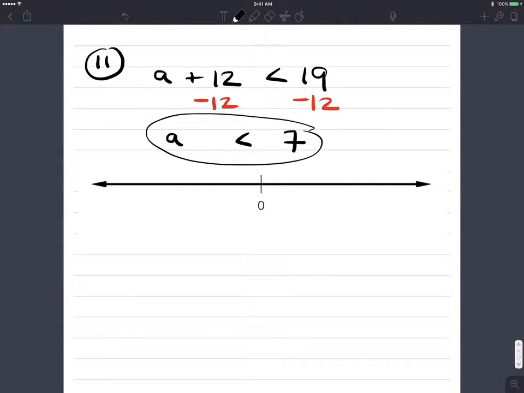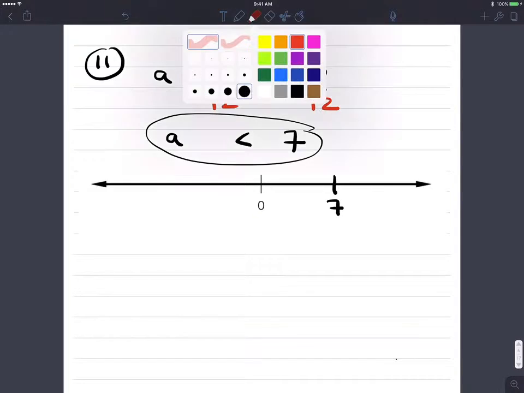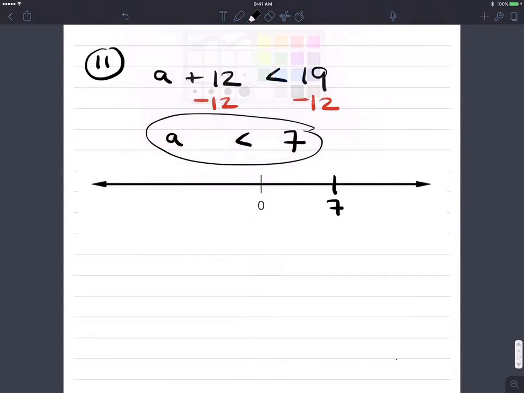But the graphing portion requires us to describe the numbers that are less than 7. Now 7 is positive, so it's to the right of 0 where all the positive numbers live. And numbers that are less than 7 are going to live to the left of 7, because smaller numbers are to the left.